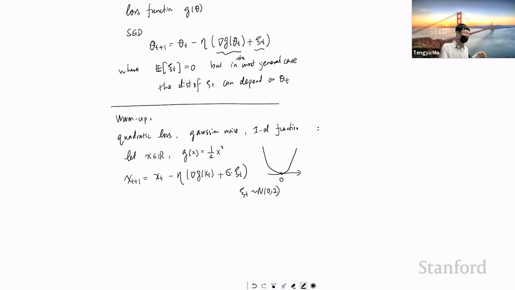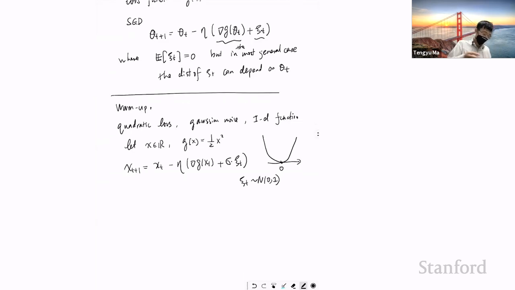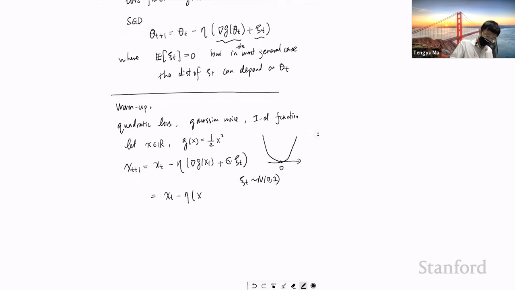So basically, the noise has standard deviation sigma and a Gaussian distribution. Now let's compute the gradient. The gradient of 1/2 times x squared is just x, so the update is x t plus 1 equals 1 minus eta times x t, minus eta times sigma times xi t.